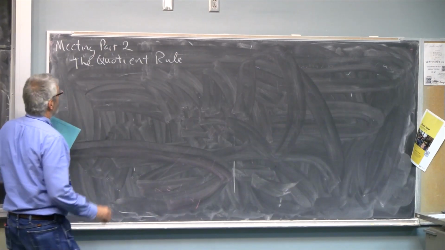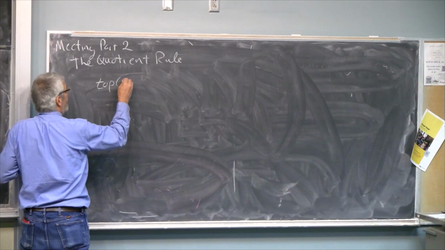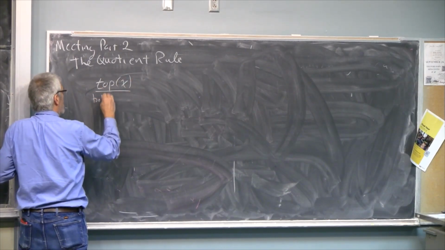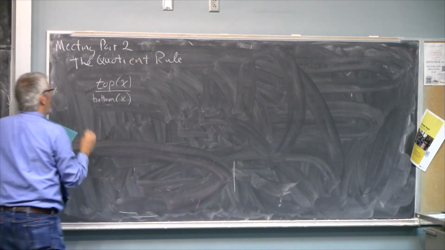Now when I write quotients, I actually use descriptive names. So instead of using f and g as I did in the product rule, I use top of x and bottom of x. So there's a quotient of functions.